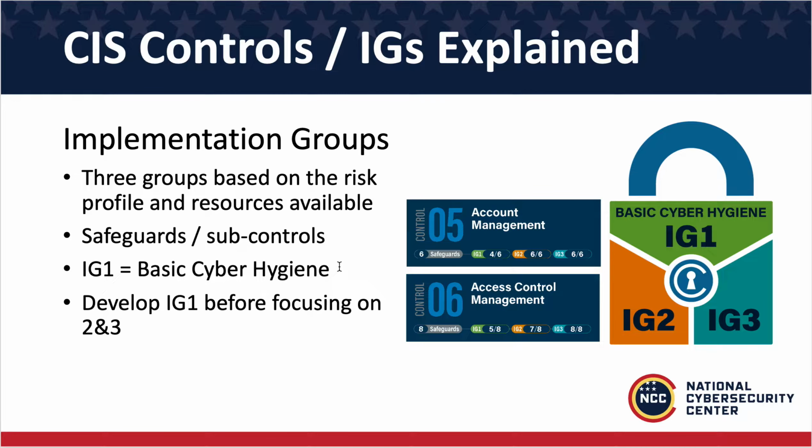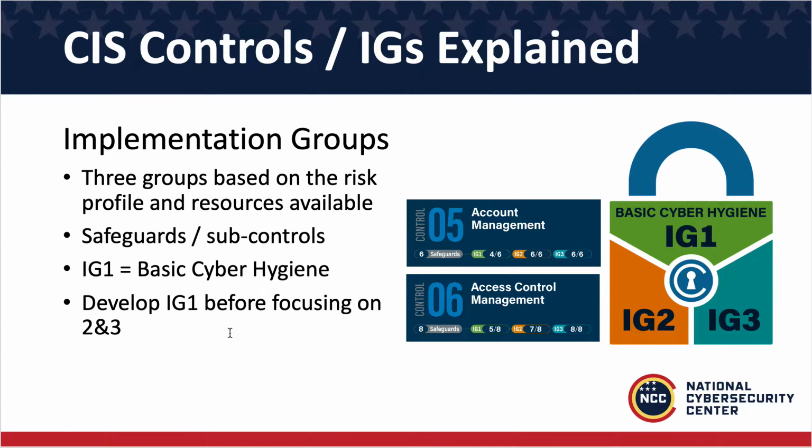First, I want to talk just briefly about the CIS controls and the implementation groups. They just came out with version 8. The only difference between version 7 and version 8 of the controls is their terminology of implementation groups.